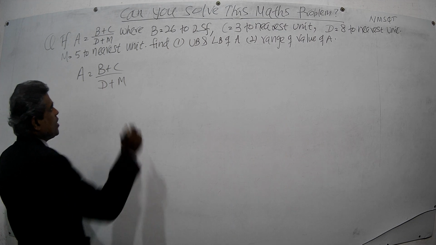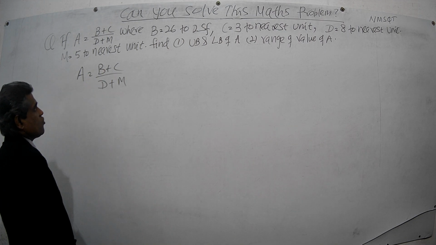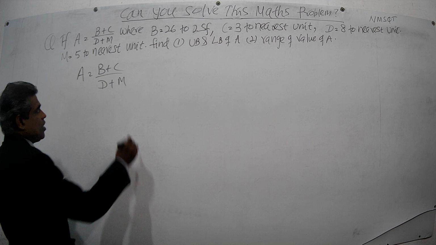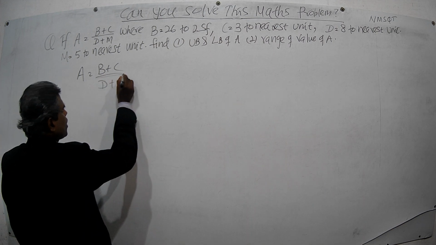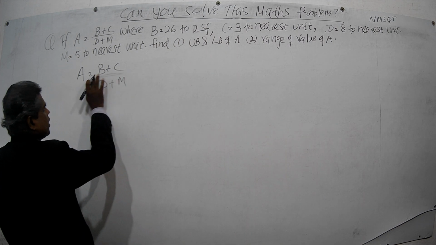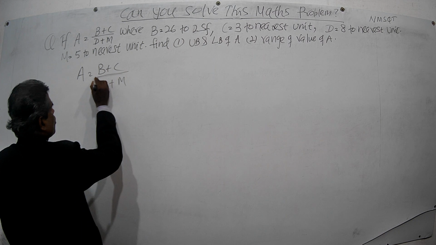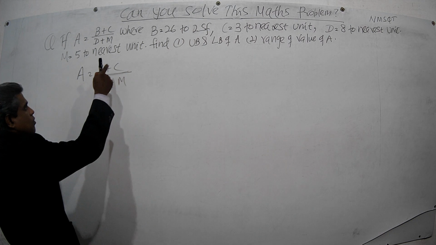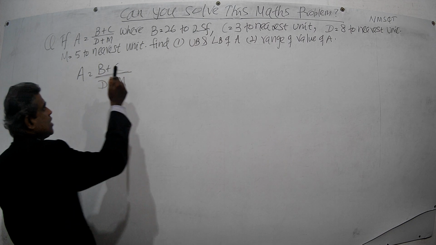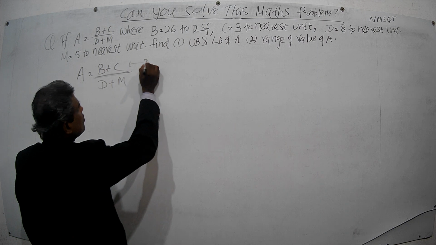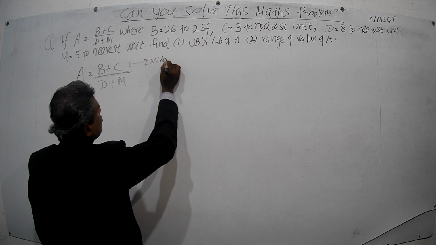Now, in the case of division, the top part, the statement above the line, is called the dividend.